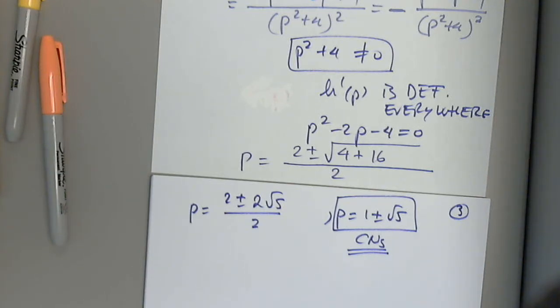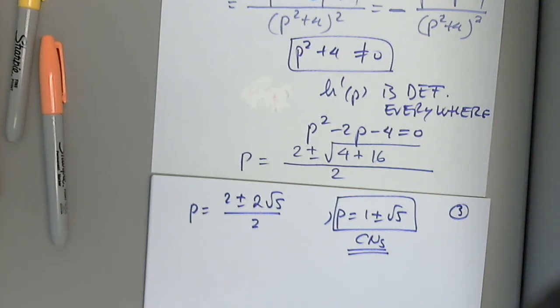And then you have to set h prime of p equal to 0. Because there are two possibilities. One, when h prime of p is undefined, none, no points. And then I have to solve the equation h prime of p equals 0. If I don't get anything, I'll say the function has no critical numbers. Okay. But I did get something. I did get two values, and they are critical numbers of the function.